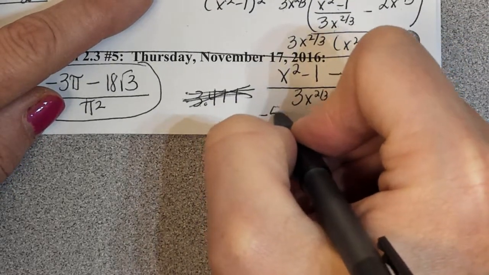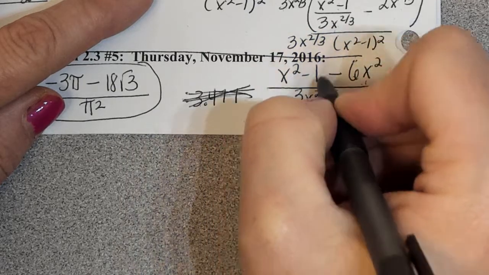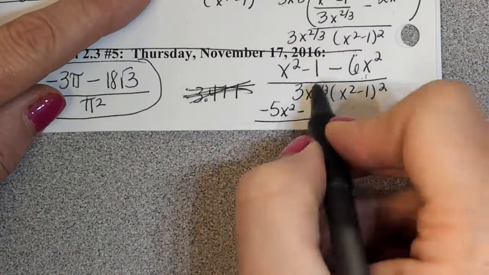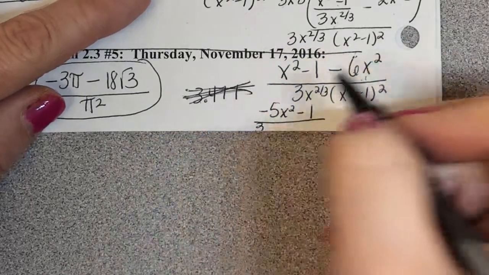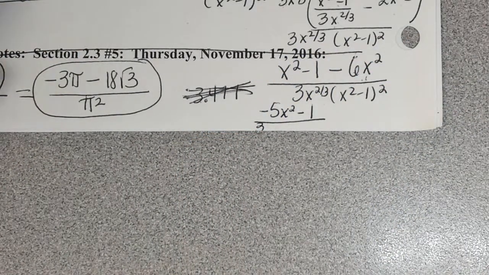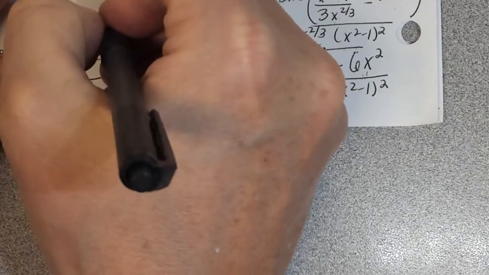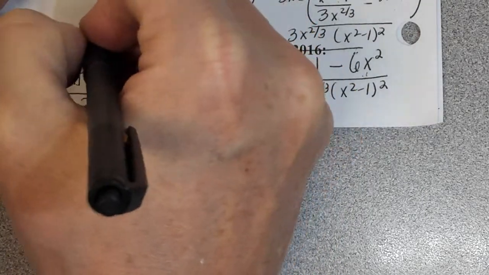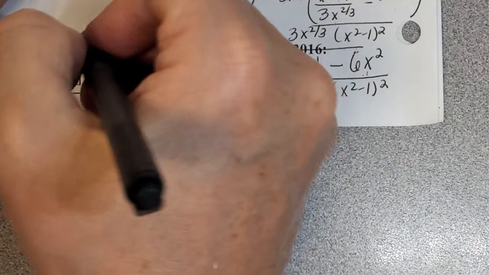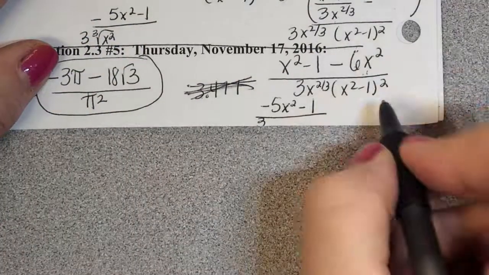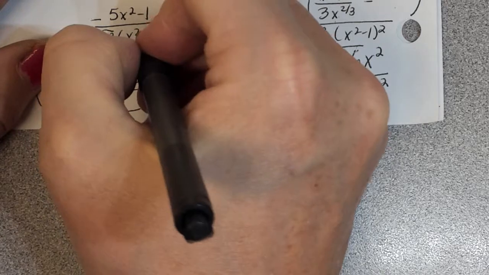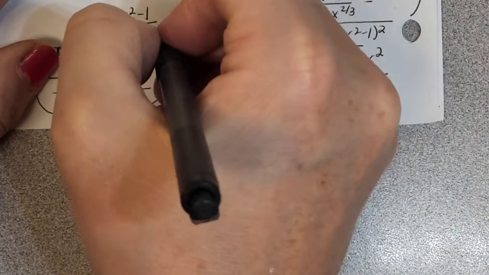So we're going to have negative 5x squared minus 1 over, and it's going to be 3 times the cube root of x squared minus 1 squared.